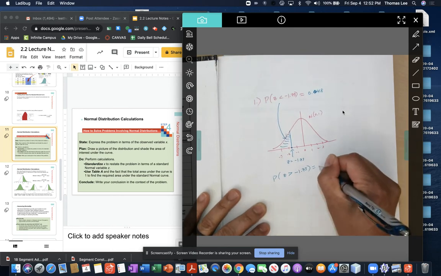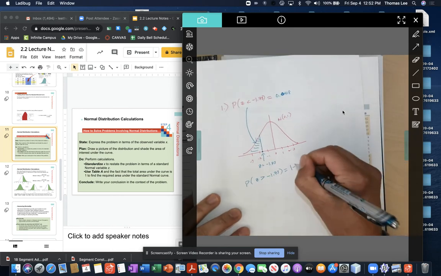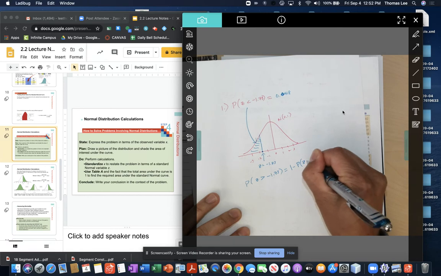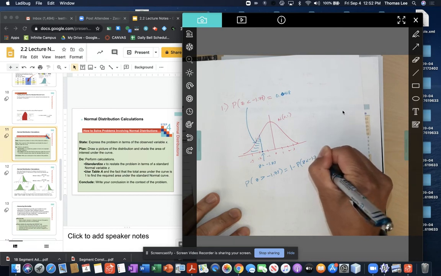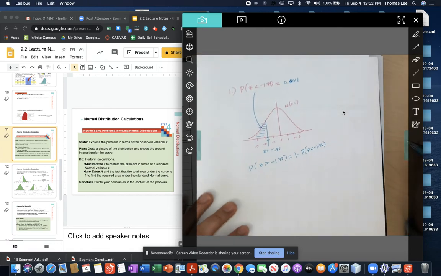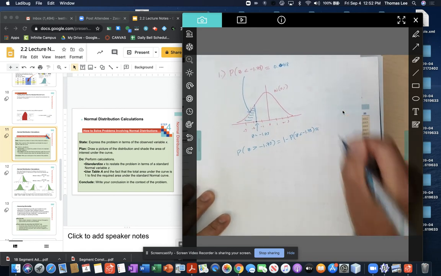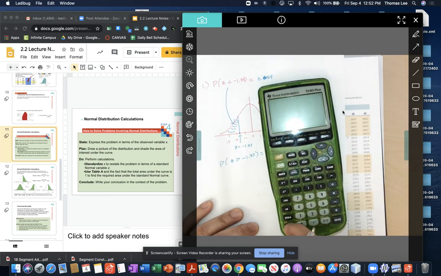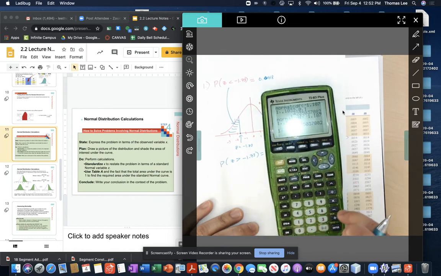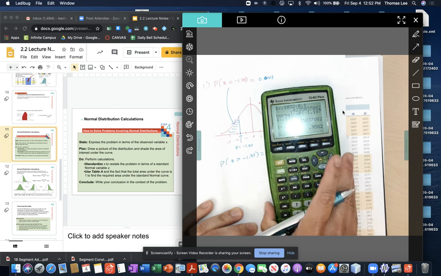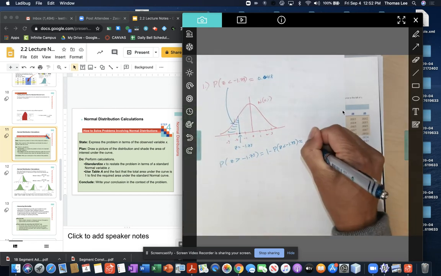That's equal to 1 minus the left tail. It's just the complement, right? So that would be approximately 1 minus 0.0418, so 0.9582.